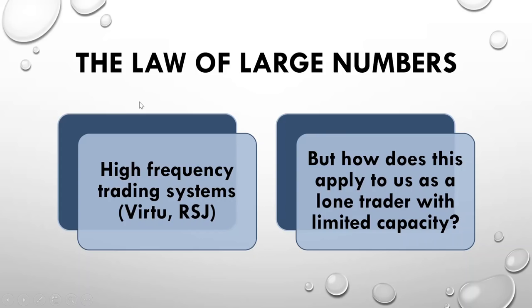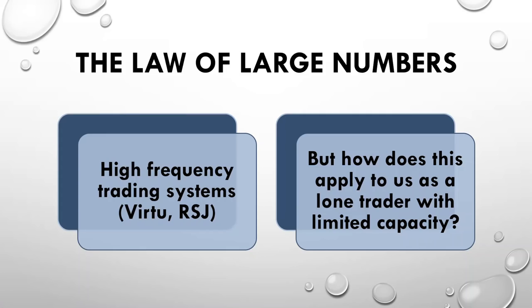So as an example with the coin toss, if you toss a coin 10 times, it's likely that you could have 7 heads or 7 tails, or even 8 heads or 9 heads or 9 tails. But if you were to toss that coin 1,000 times or 100,000 times or 1,000,000 times, what you would find is that the balance between the tails and heads would be very, very close to 50-50.